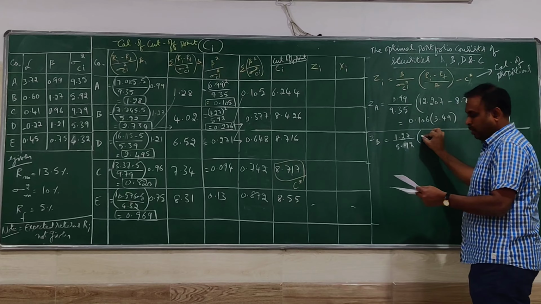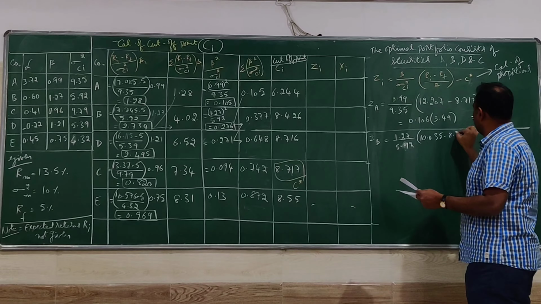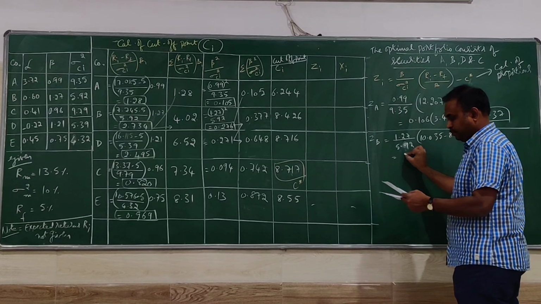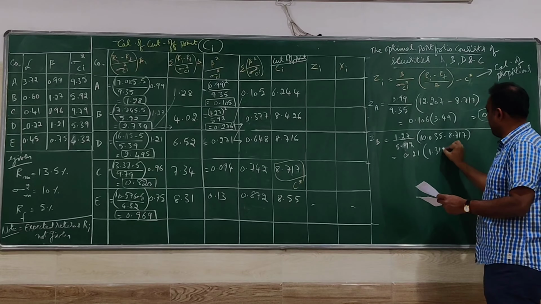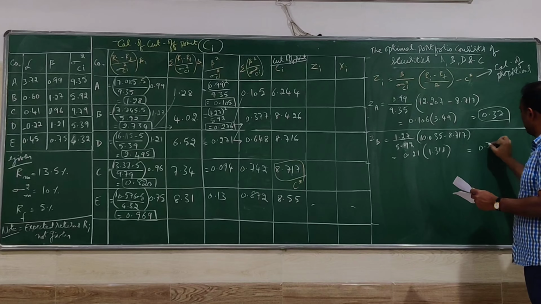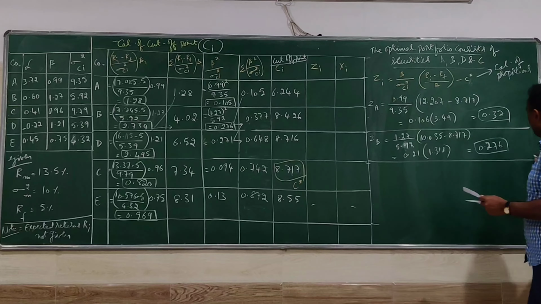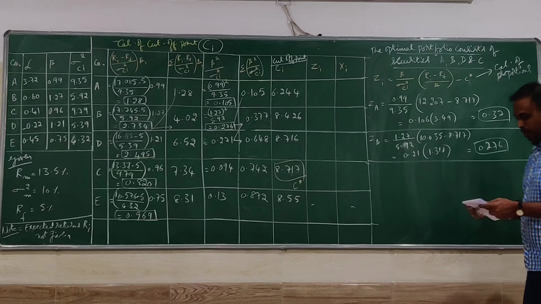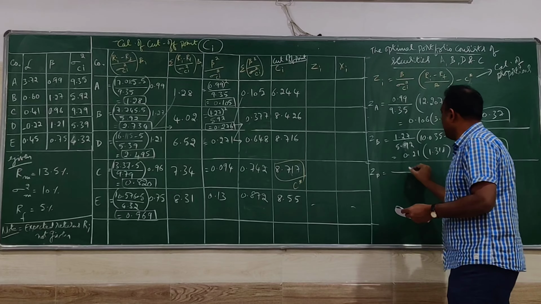Excess return, what we have calculated earlier, 10.035 minus 8.717. So simplify further. For B we are getting 0.276.